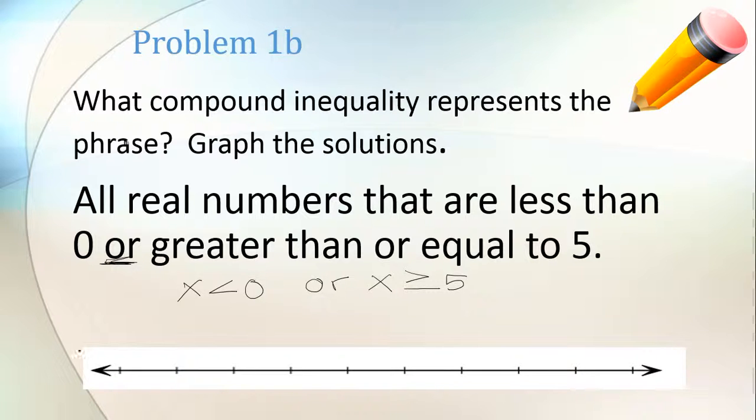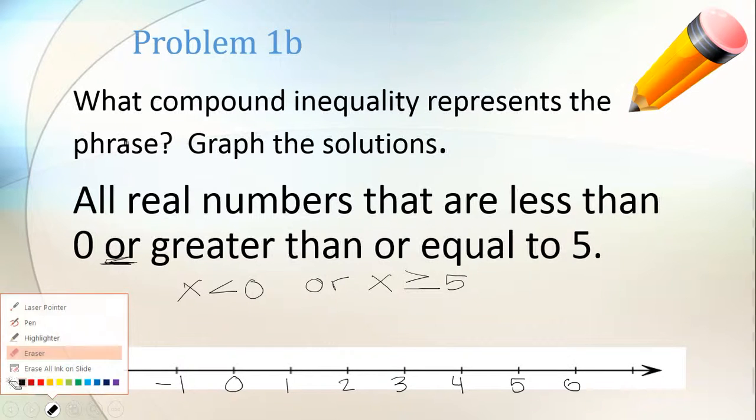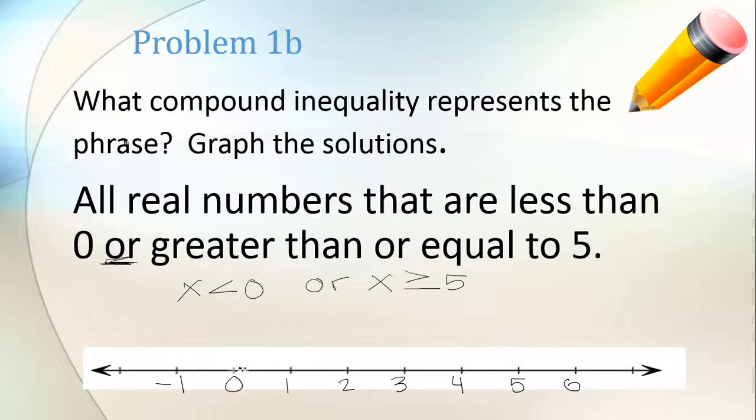So let's graph this inequality. So let's graph one part. X is less than 0. So I'm going to put some numbers on my number line. So I got 0. X needs to be less than 0, so I'm going to shade in that general direction. X then needs to be greater than or equal to 5.